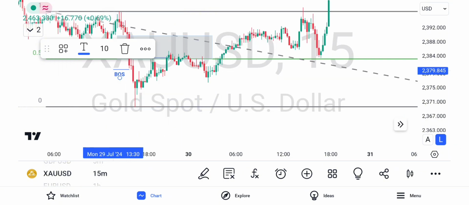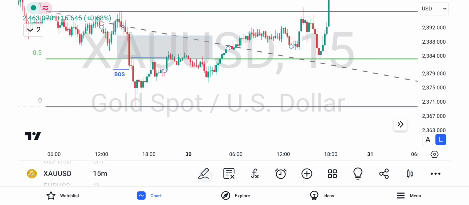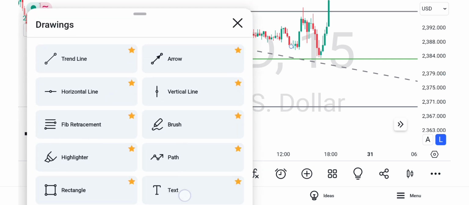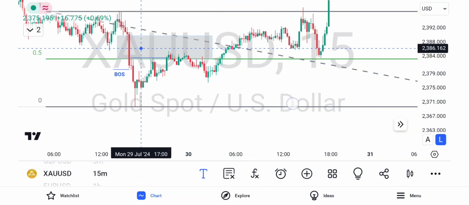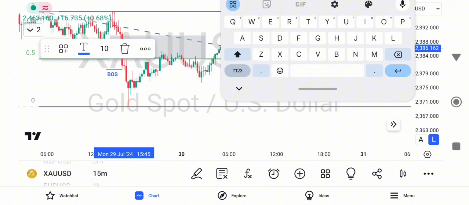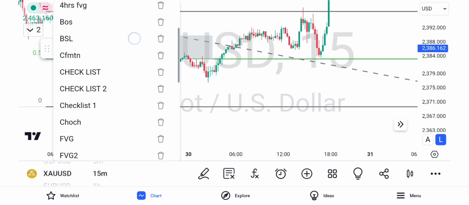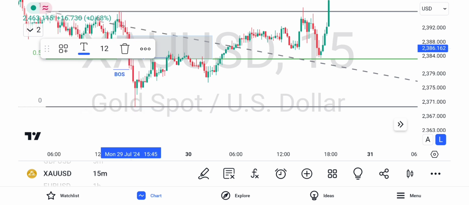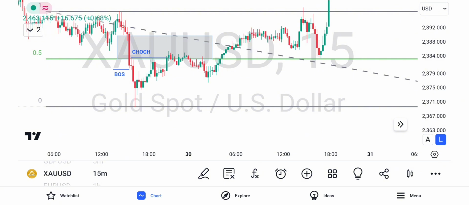Okay, thank you. Then change of character. Okay, so we have our change of character. However, remember I said that this place is not notable, so we can move down to a lower time frame to be able to confirm that.